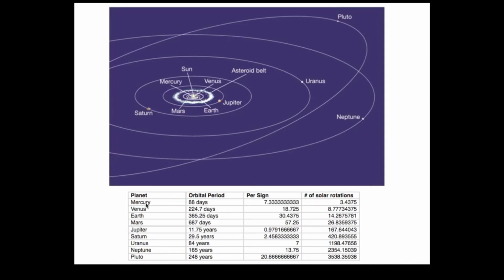And so one of the first things that we can learn about our system is that once you get to Jupiter, it takes a little less than 12 years for that thing to make a trip around. And that means that everyone born within, let's say, about a year is going to have a Jupiter in the same sign.